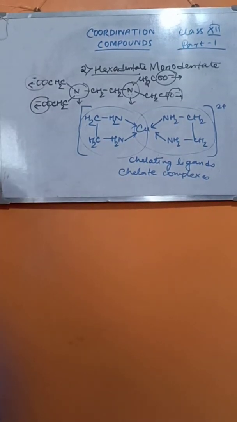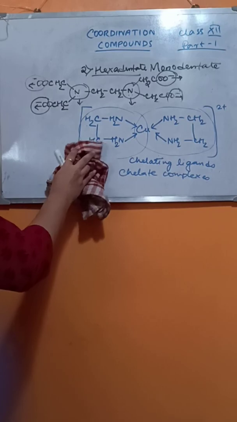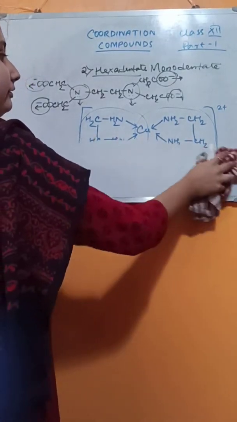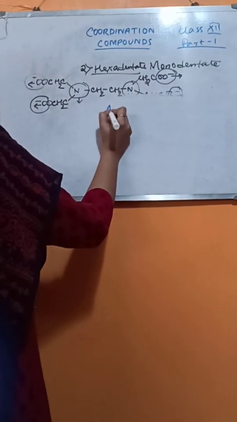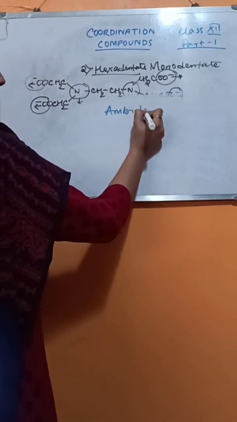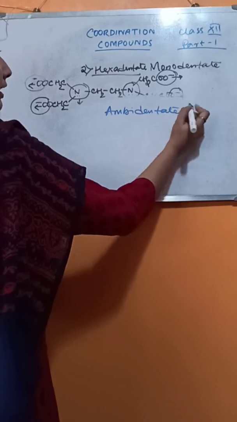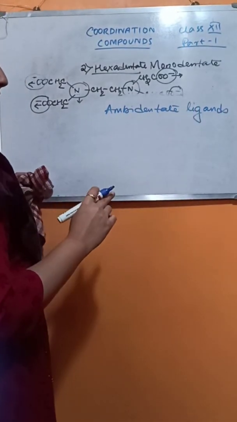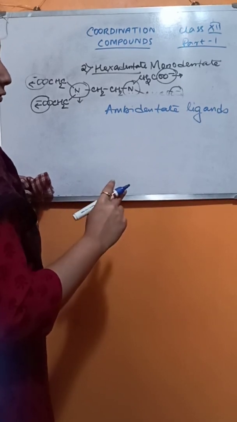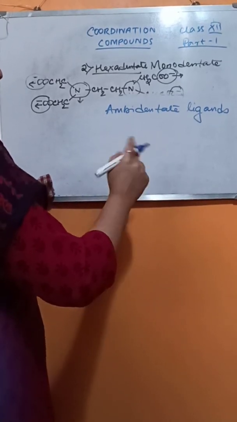The last type of ligands is the ambidentate ligands. These are the ligands which have two different donor sites.